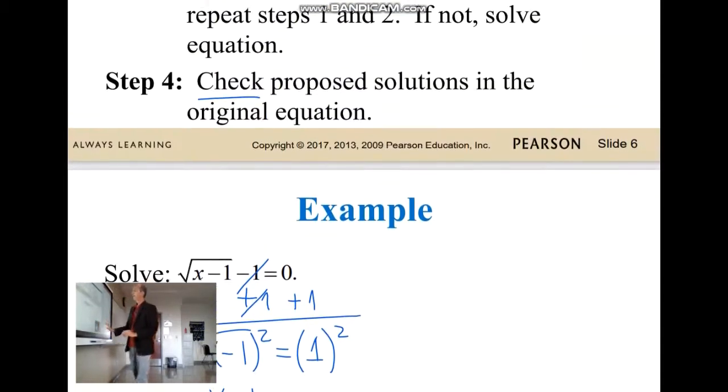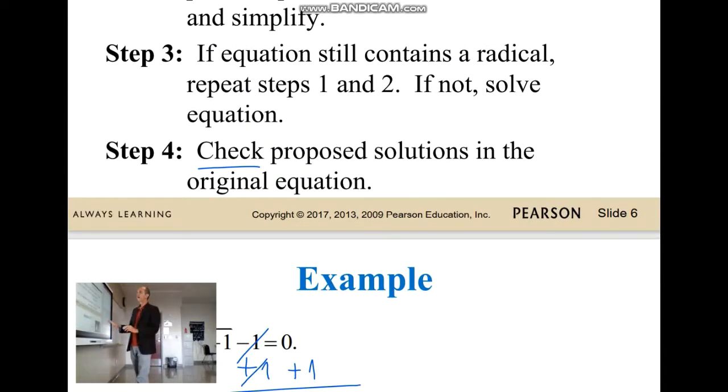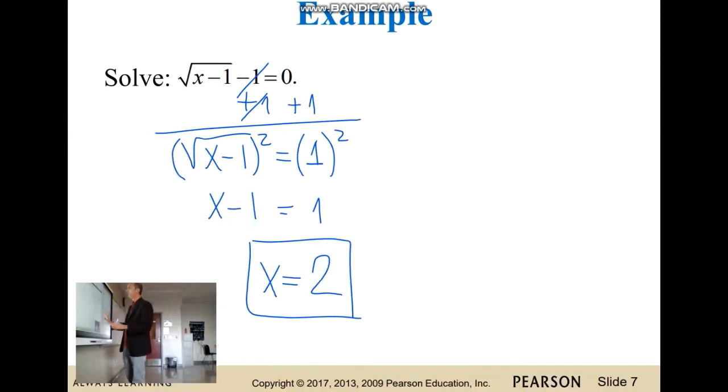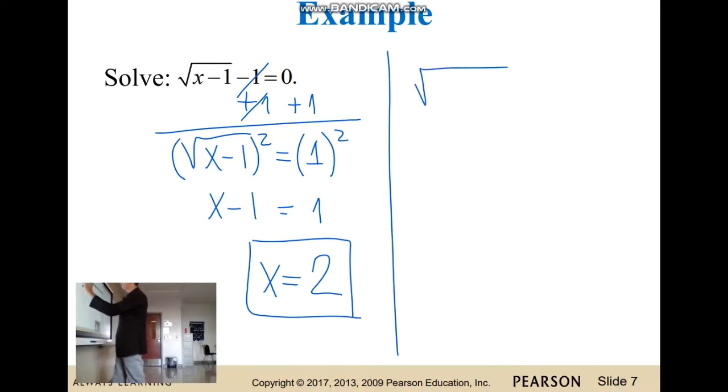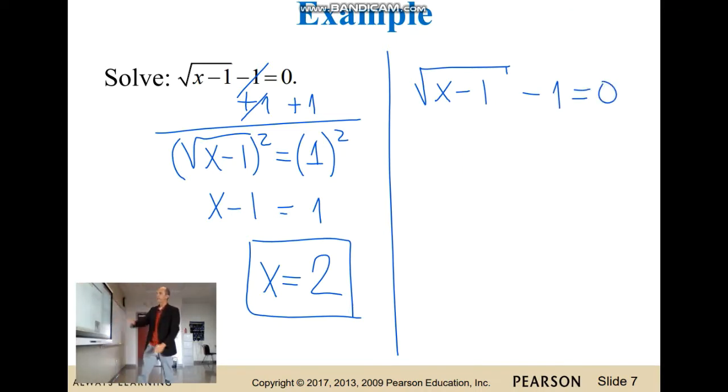Alright, there are no more radicals to simplify, so we solved the equation. Let's check, which is step 4. Check in the original equation, which is square root of x minus 1 minus 1 equals 0. Go to the original equation and plug in the number 2.